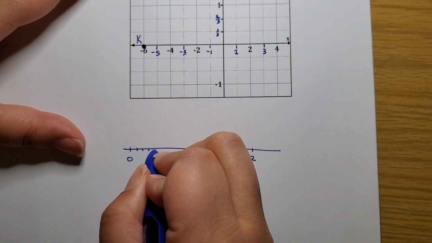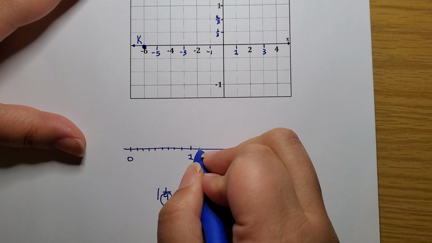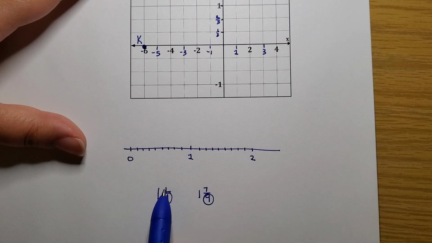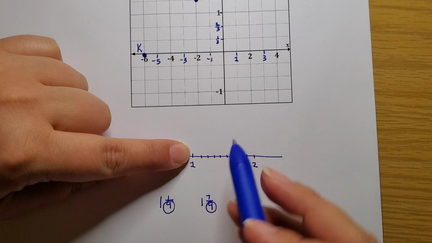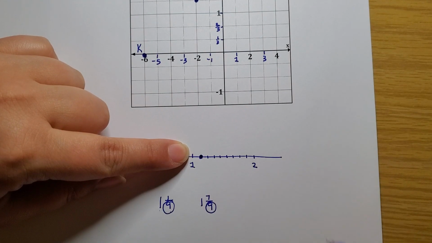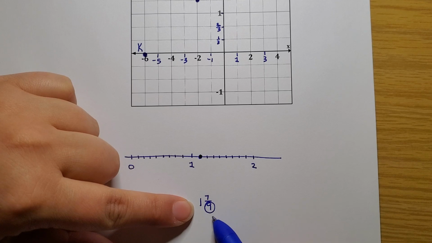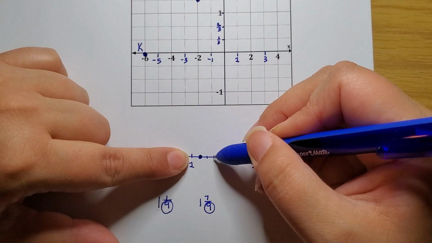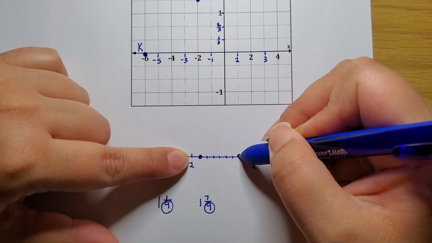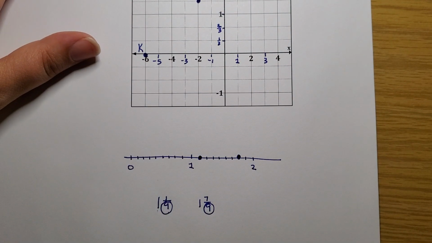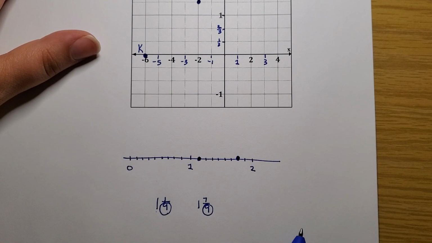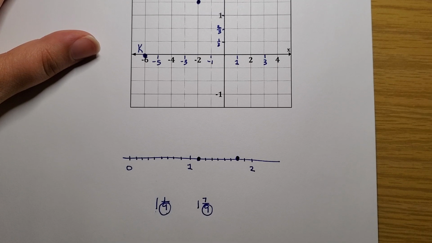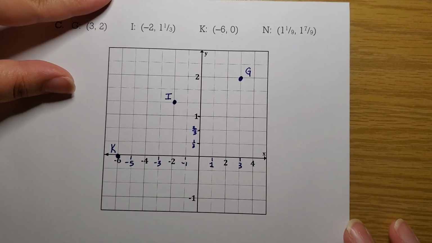So 1 and 1/9 means we're going to start at 1 and we go to that first line afterwards. 1 and 7/9 means we're going to start at 1 and we're going to count to the 7th afterwards. So when we were graphing on a number line, that was our strategy for dealing with mixed numbers and fractions. So we're going to apply that here.